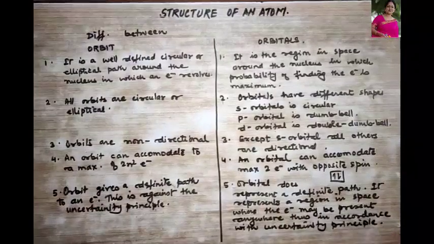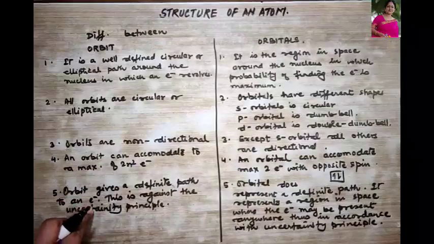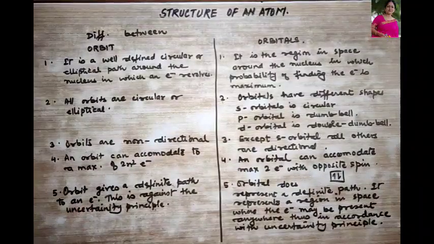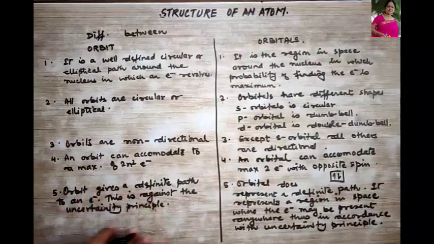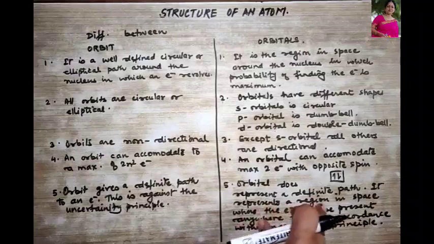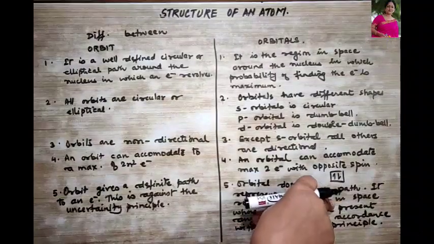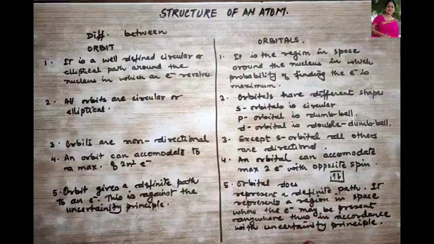Followed? And the last point of difference between the two: orbits are planar. They consider the motion of an electron in a plane, whereas orbitals give three-dimensional motion to an electron around the nucleus.